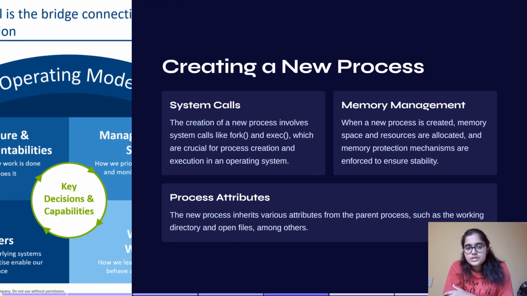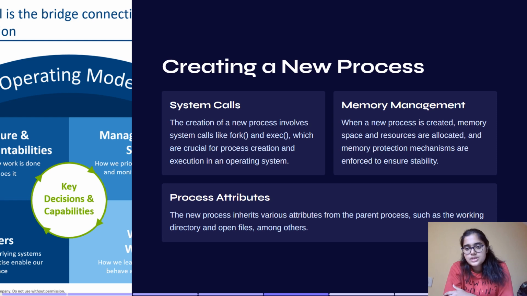Creating a new process requires system calls, memory management, and process attributes. Coming to the first one, system calls. The creation of a new process involves system calls like fork and exec, which are crucial for process creation and execution in an operating system. Second is memory management.